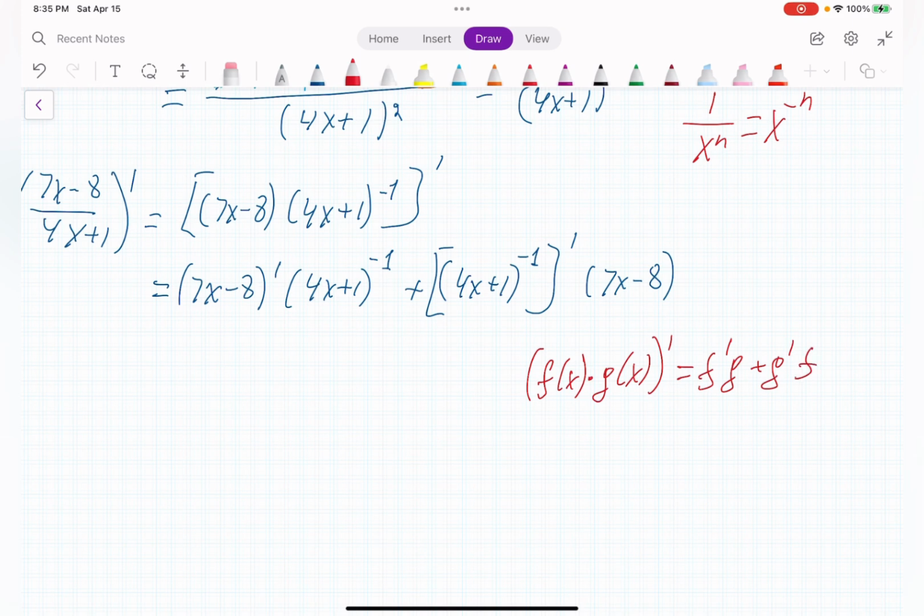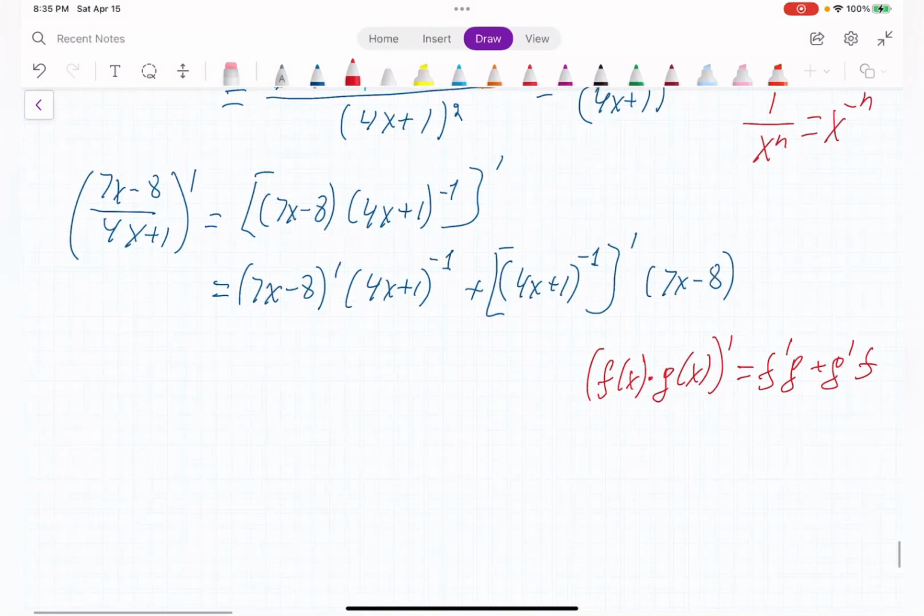I'm going to drop the of x for easiness, just putting f and g. And that's the rule of the derivative for a product. So what do we get from here? The derivative of 7x minus 8 is 7, times 4x plus 1 to the power negative 1.